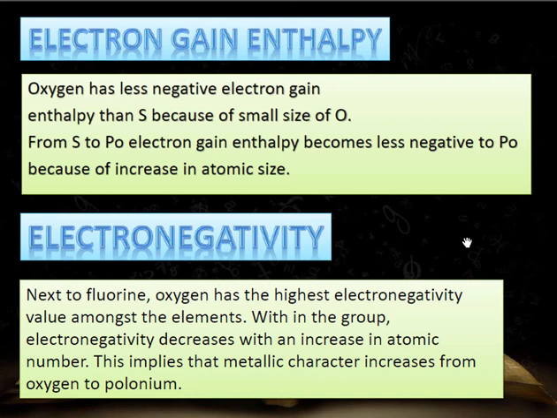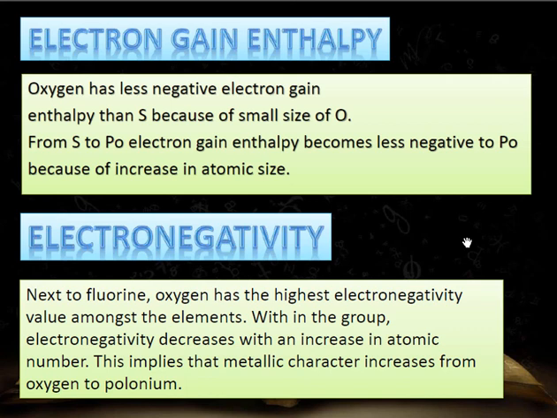Oxygen has the highest electronegativity after fluorine. It means it can react more fast. And if any element has less electronegativity, it means it is metallic.